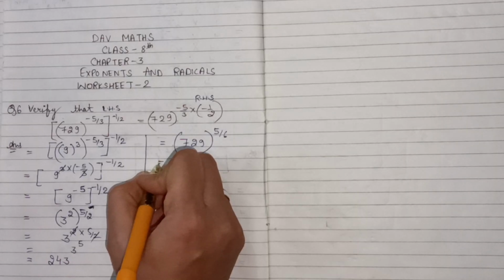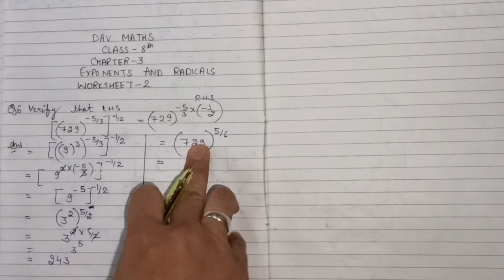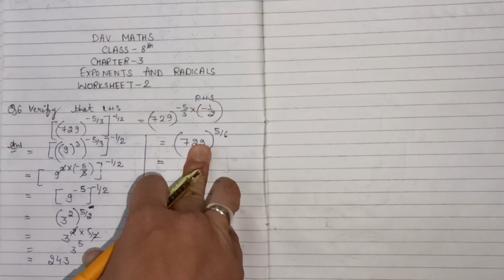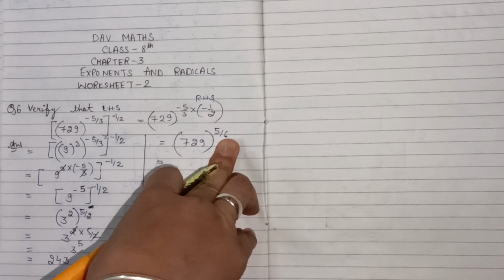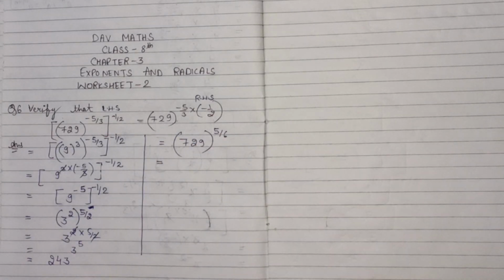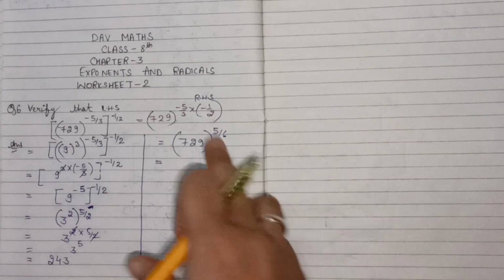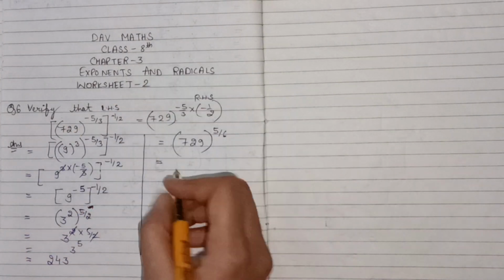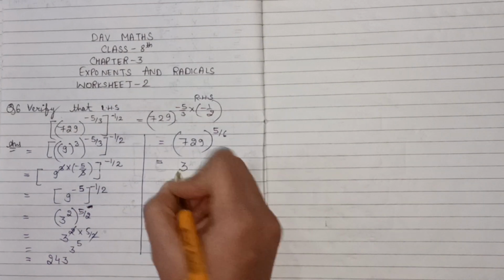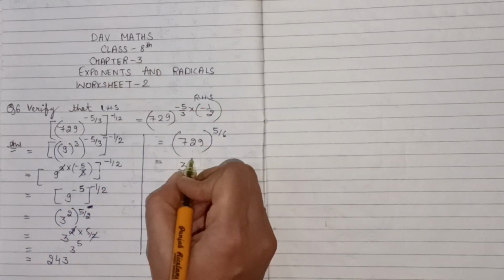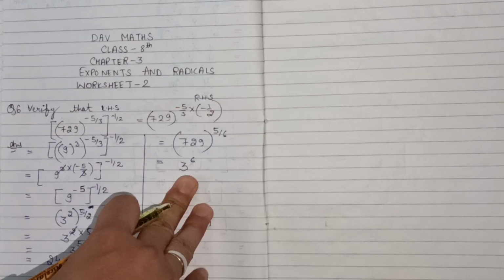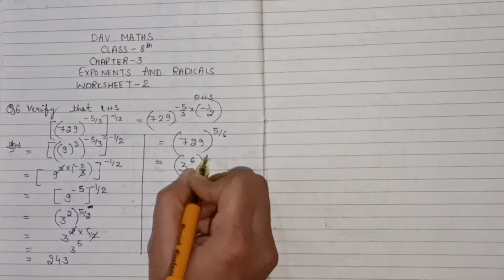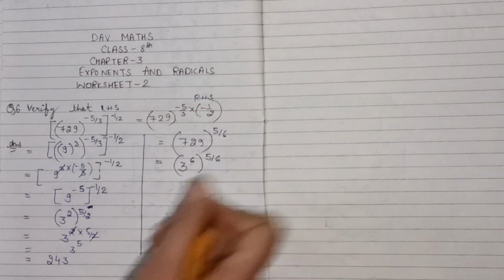Then I write 729 as, to cut out this denominator by the power, I choose here number 3. And we know that 3 raised to power 6 means when we multiply 3 six times, this is equal to 729, raised to power 5/6.